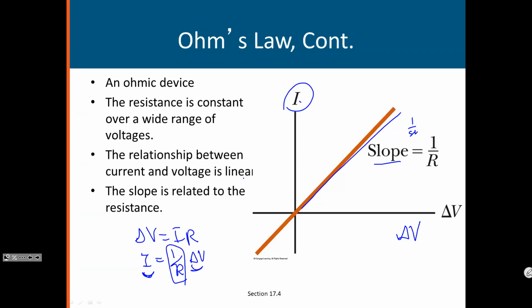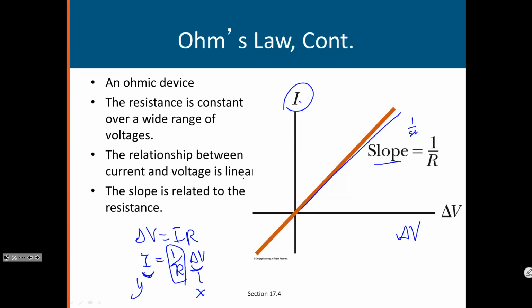The slope is 1 over R. Okay, got it? That's how I have drawn it. Slope is not equal to the resistance when you draw I versus delta V, but it is related to the resistance. It is 1 over resistance.